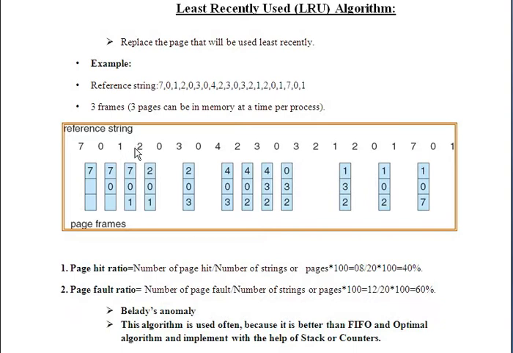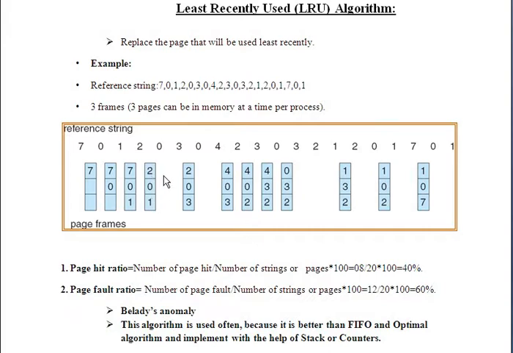Here we have to look back, as we were looking ahead in optimal. 1 is most recently used, 0 is less recent than that, and 7 is least recently used. So 2 has been accommodated in place of 7. That's why 2 0 1 will be my frame contents.